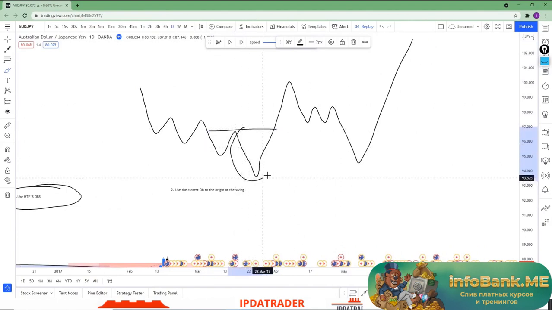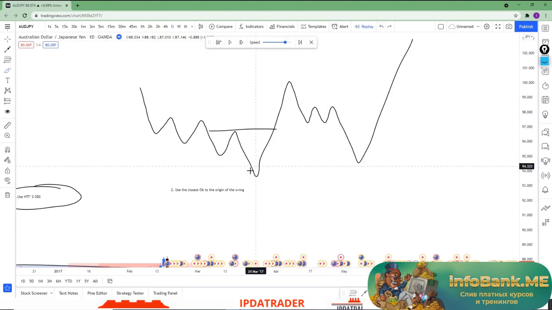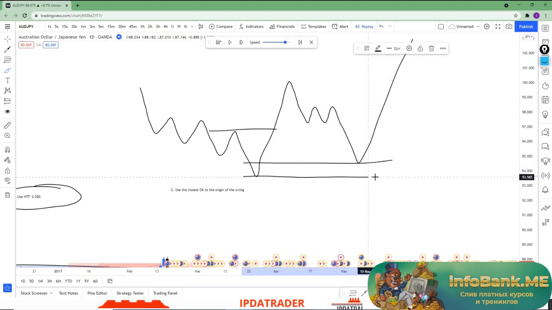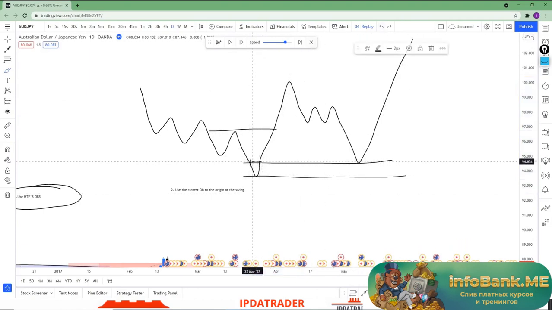This entire region, as I explained before, becomes your OB. However, you don't want to be trading the first one you see here or here or here, because you can have multiple order blocks here. So what you actually want to do is wait. You want to wait for the order block that's closer to the origin. This is your swing, this entire leg up, and this is your origin. So you want to be picking those order blocks, as those order blocks have the higher probability once again.